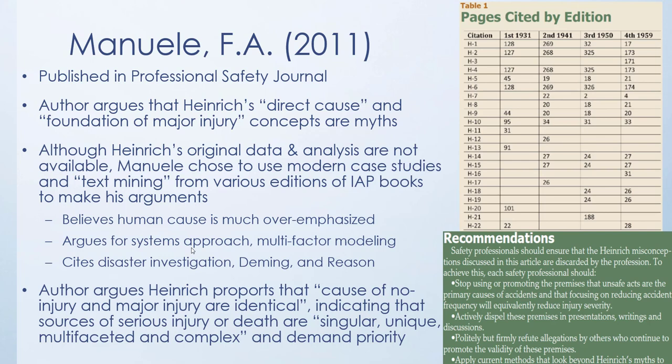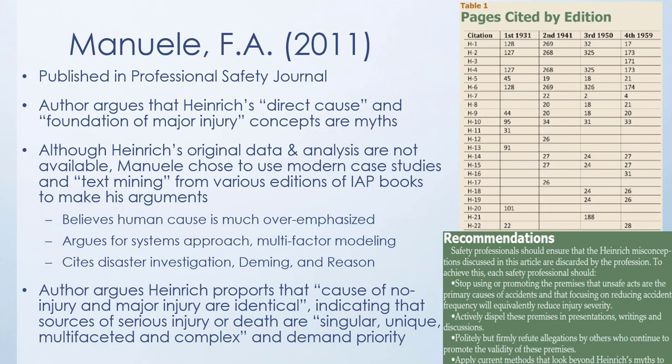What he says is that Heinrich's original data analyses are not available for reviewers to validate. So he makes the argument and chooses modern case studies. I believe he uses the Deepwater Horizon accident, circa 2009, 2010, and the Challenger explosion that I think happened in the late 80s.